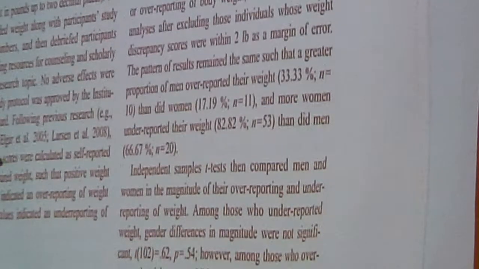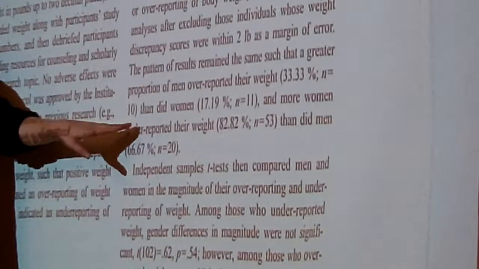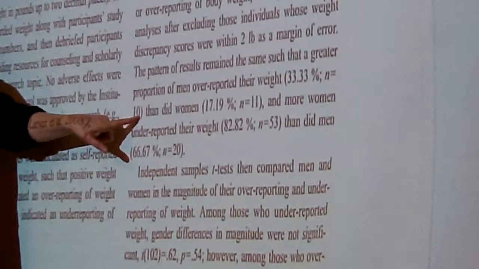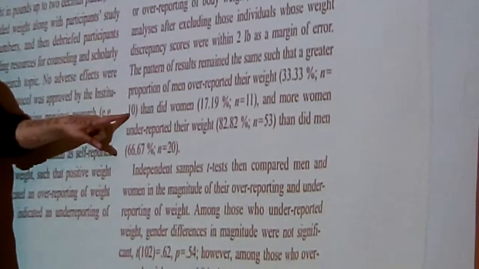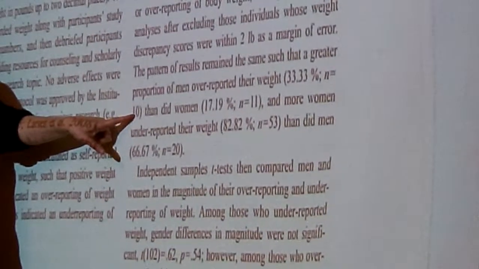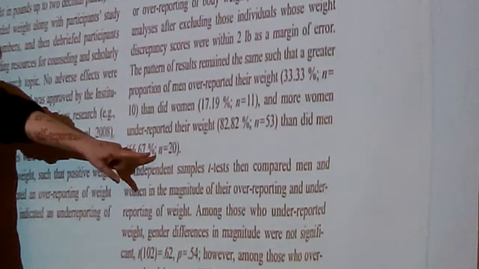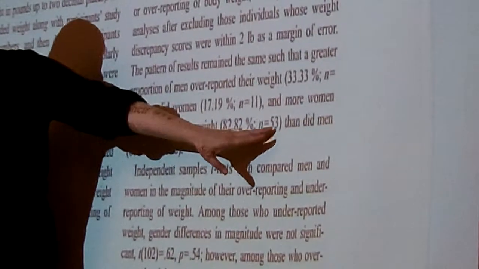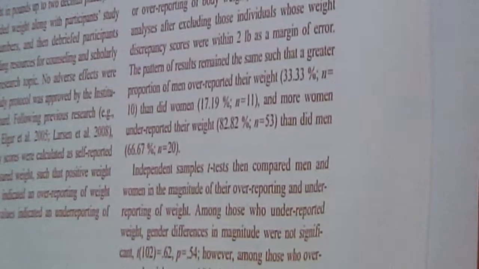And what we see is that a greater proportion of men, if they adjust, now 10 of the men, so 10 of 29, that would be 33%, over-reported their weight, and 20, so 2/3, wait, no, so then we have 53 of the women, 83% under-reported their weight.